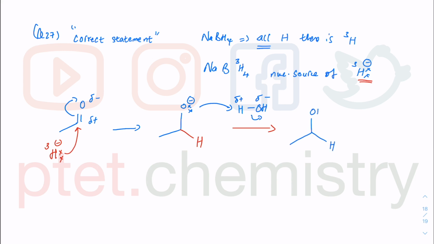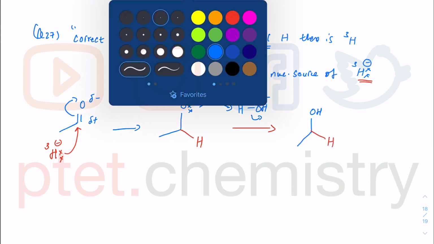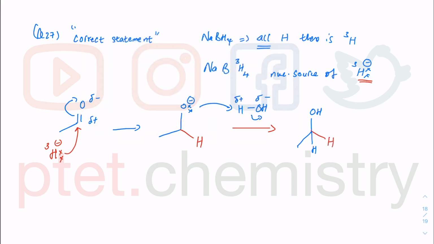So you will get OH like this. I forgot I should really use the red color one to represent the H there. But of course I also have a normal H here, and a normal H, and a normal H. So what can we say? What happened with the OH minus is I will get the normal H like this.